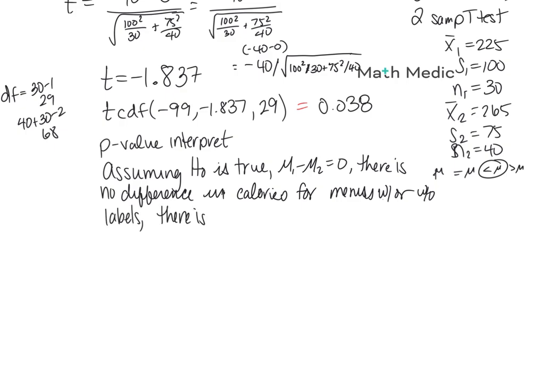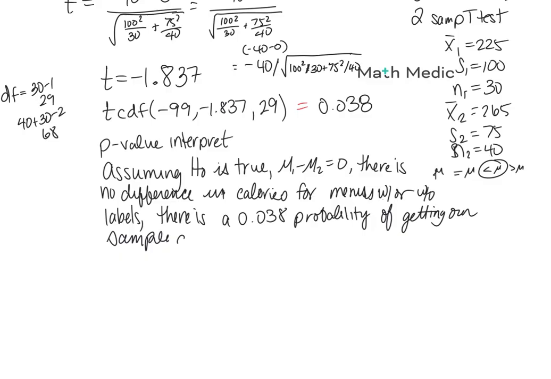There is a 0.038 probability of getting our sample difference of negative 40 or more extreme.